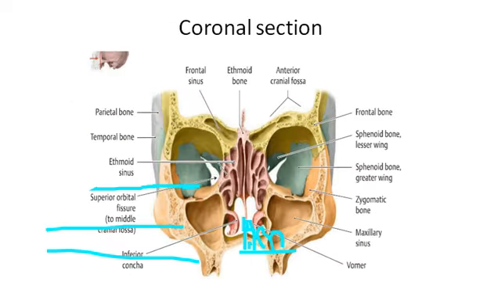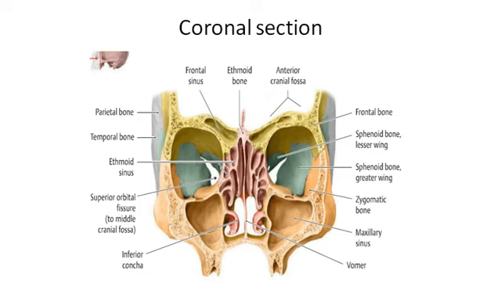Before moving to the individual sinuses, we are going to study the coronal section of the skull. The first sinus visible here is the frontal sinus. It is present in the frontal bone, on both sides.